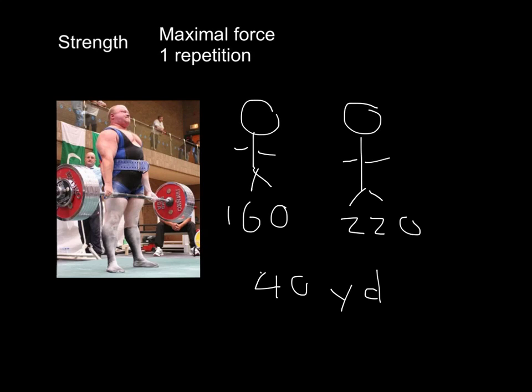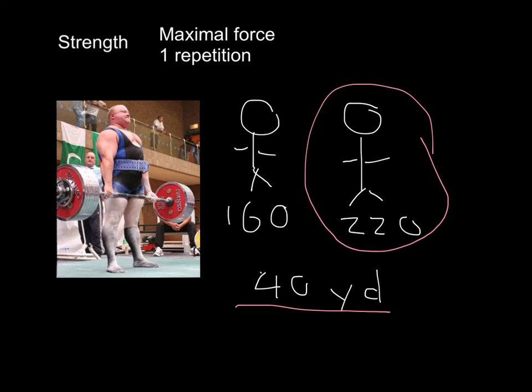Who would exert the most work? Who would do the most work here? It would be our 220-pound guy, because he's having to exert more force to move a body weight of 220 pounds for the same distance. So therefore, he would perform more work.